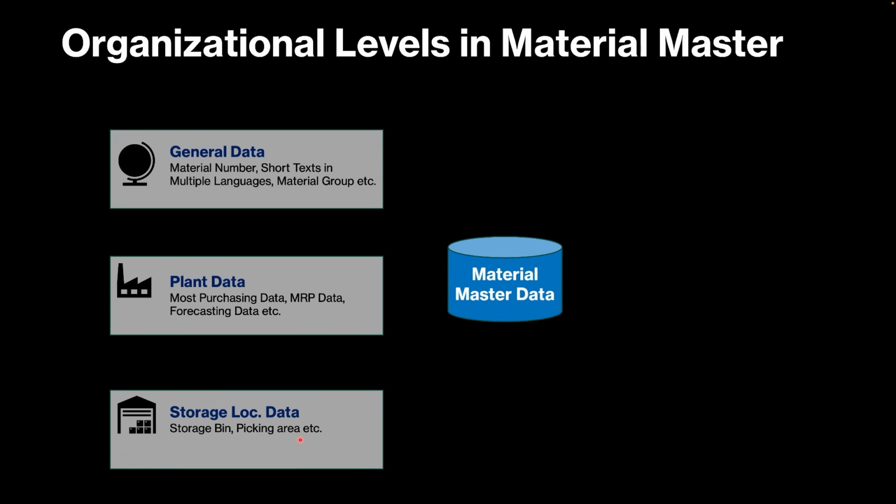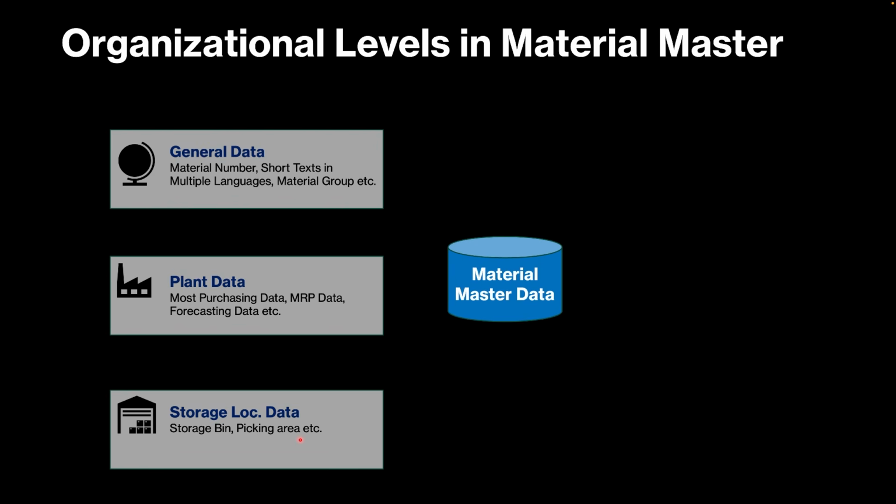Let's say that you are maintaining purchasing view, then system will ask you to enter the plant code because the purchasing data is maintained at plant level. If you select the storage location view, then system will ask you to enter the plant and the storage location both, because the storage location view will contain data which is relevant to the storage location.